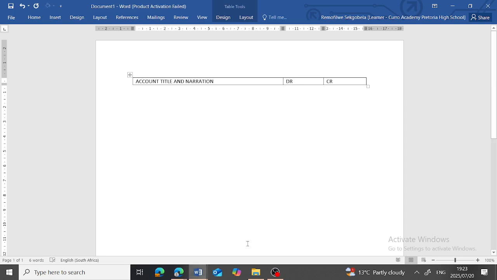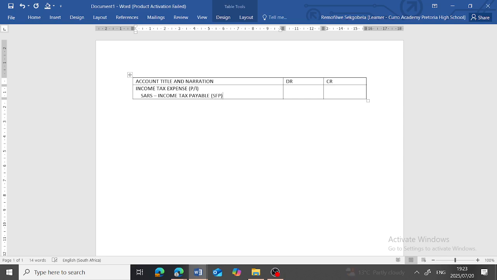So when we need to calculate our SARS, what are we going to do, guys? We are going to debit income tax expense, because we have an expense of SARS, so it's going to be P&L, right? And then what are we going to credit? We're going to credit SARS income tax payable, right?